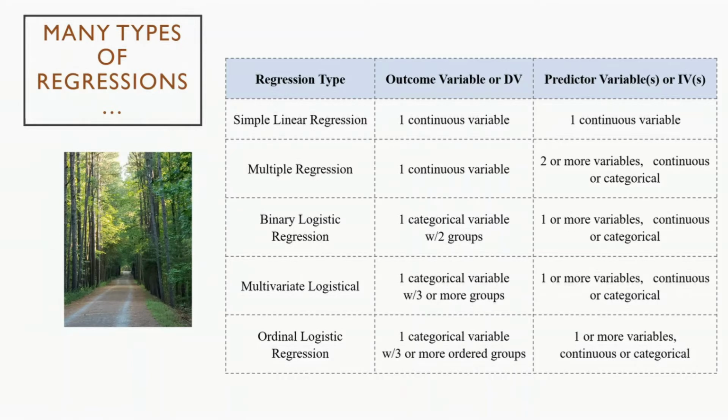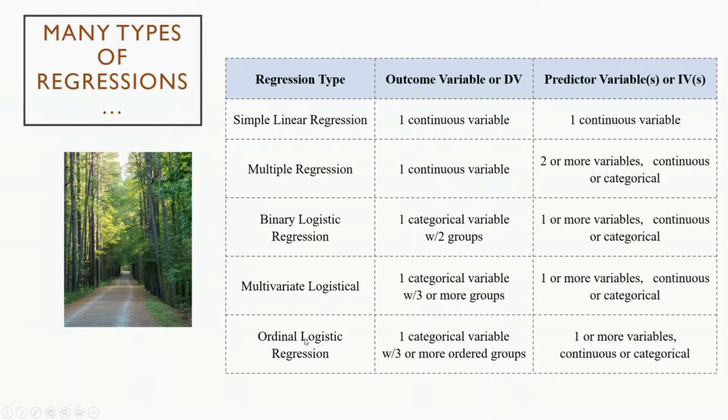There are lots of other types. We can do a binary logistic regression, which is what happens when we have a categorical dependent variable and one independent variable, or a multinomial logistic regression, which has a categorical dependent variable of three or more groups and one or more continuous independent variables.